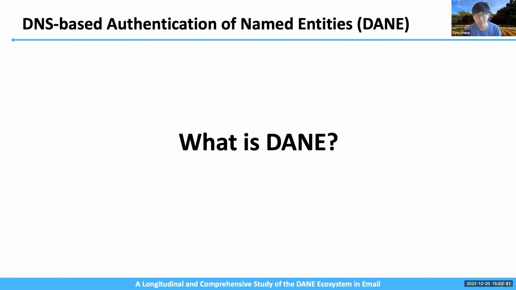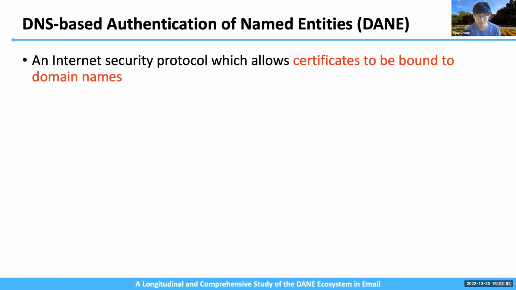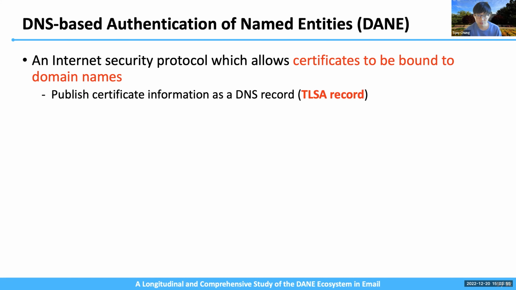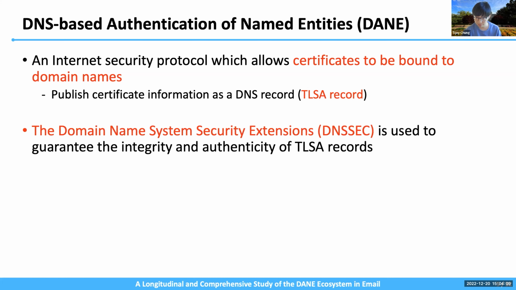DANE stands for DNS-based Authentication of Named Entities. As you can tell from its name, we are going to use DNS. These are Internet security protocols that allow certificates to be bound to a domain name. At a high level, the certificate information can be published as a DNS record, and this DNS record type is called the TLSA record.